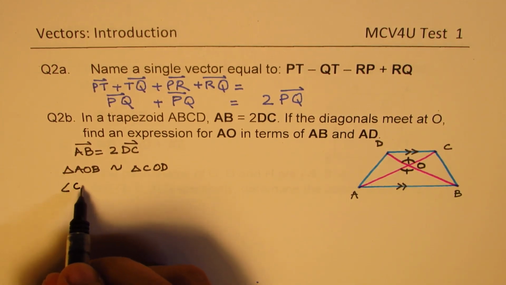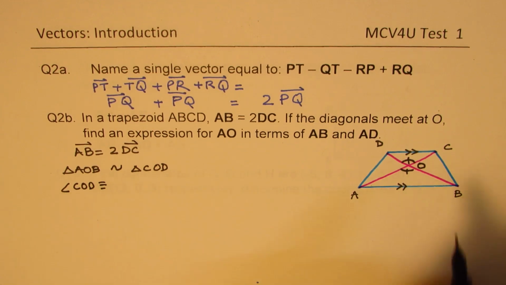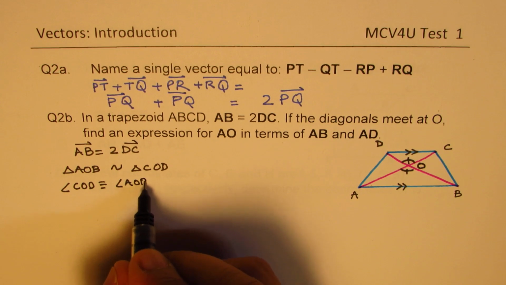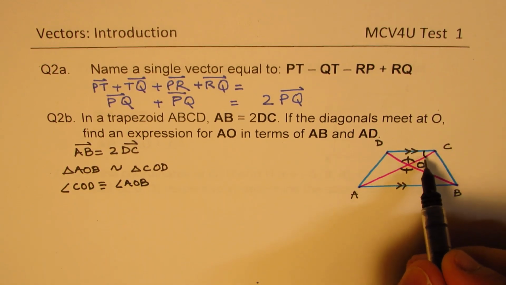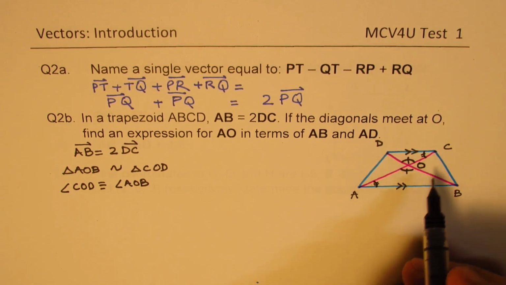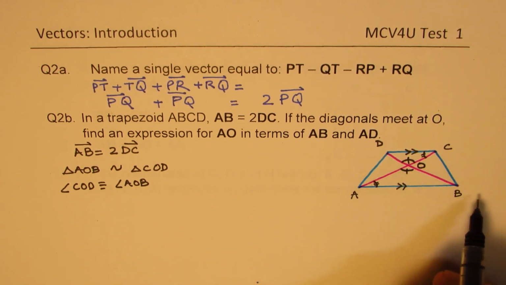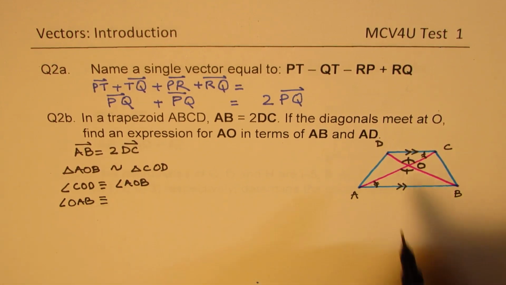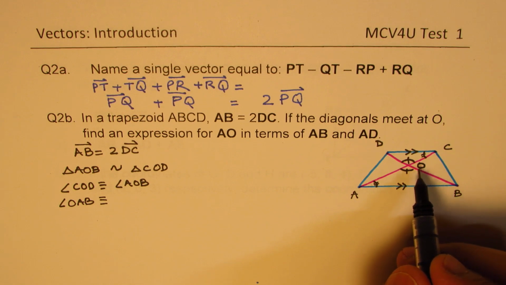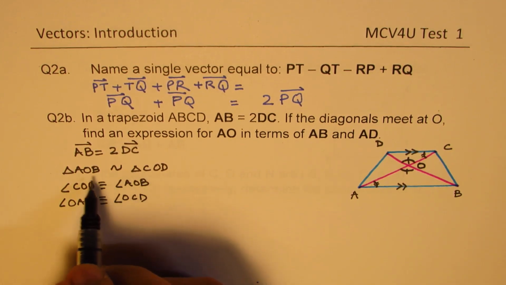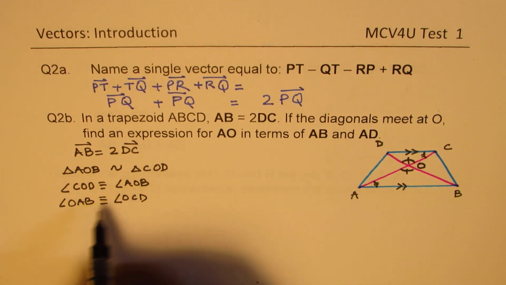Angle COD is congruent to angle AOB, and the other angle, that is an alternate angle, right? So the angle OAB is congruent to OCD. So they are similar using the property of angle.